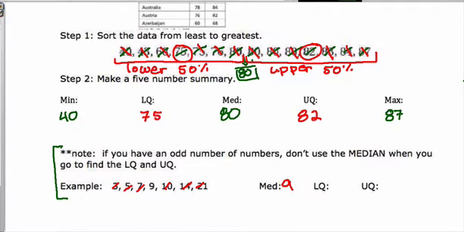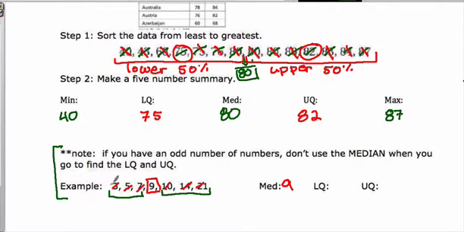Now I'm going to box the 9. That's the median. So when I go to figure out my lower and upper 50%, I need to cross out in here.